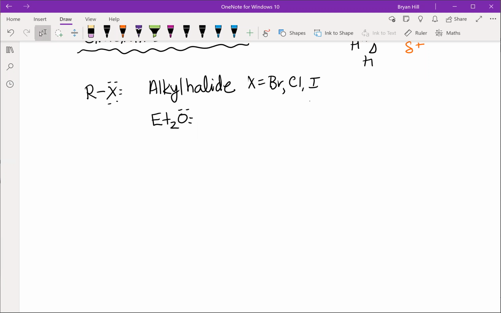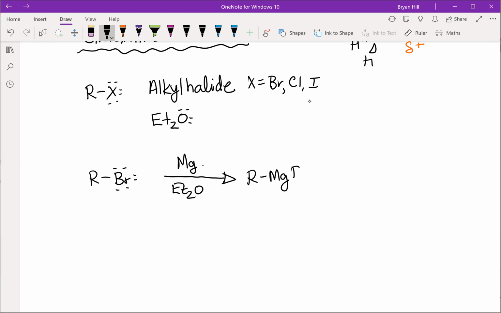So if you've got some RBr, for example, what we did was take some magnesium metal in ether, and it's basically an insertion reaction where you made this, R MgBr. And if we look at the periodic table, magnesium is in the second column on the left-hand side.